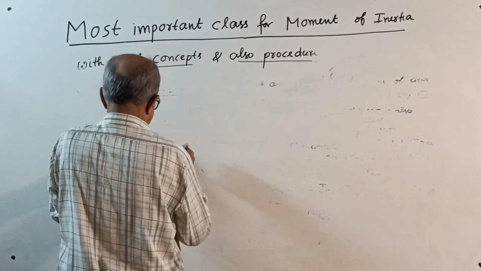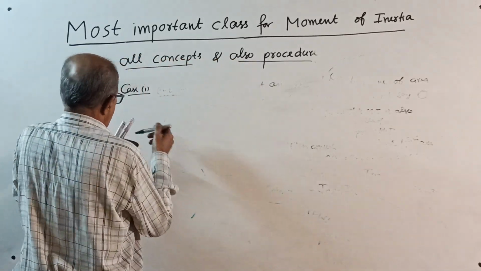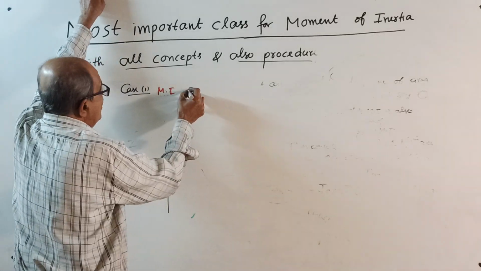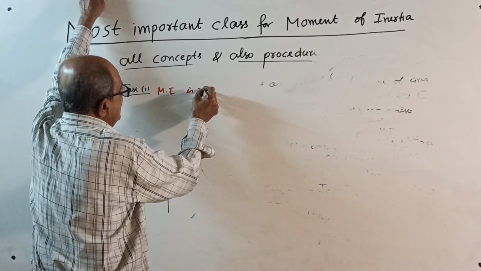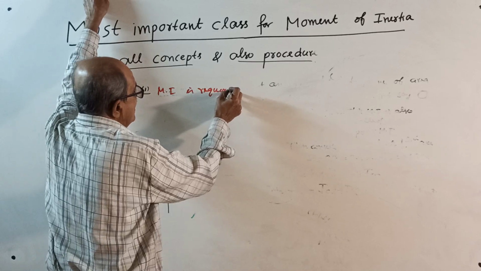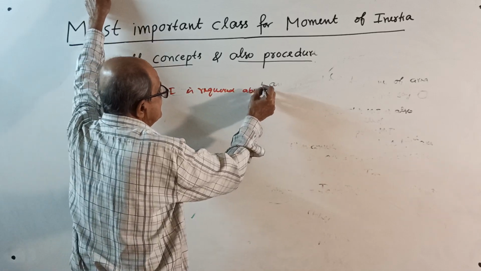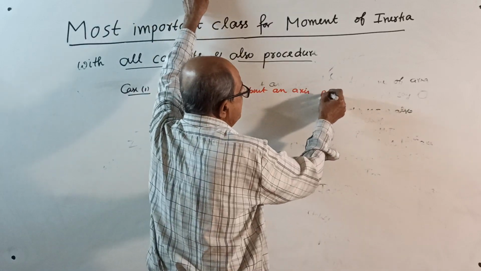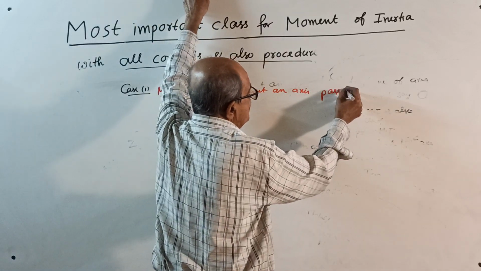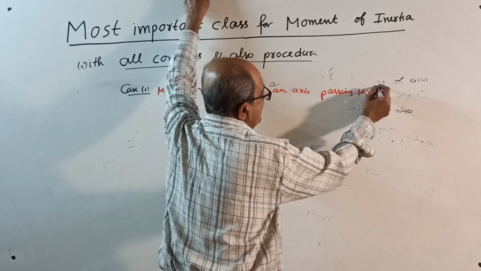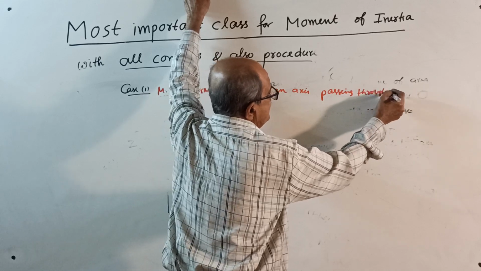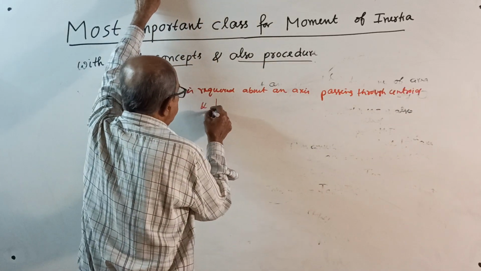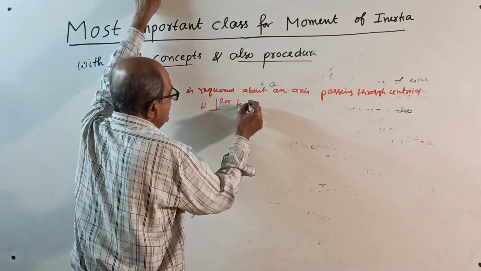Case 2. Moment of inertia is required about an axis passing through centroid, that's very important, passing through centroid and perpendicular to plane of the area.